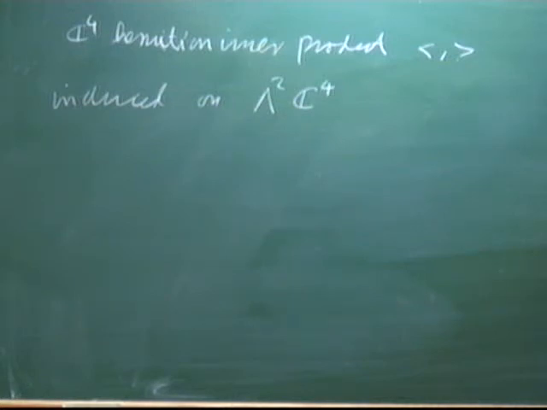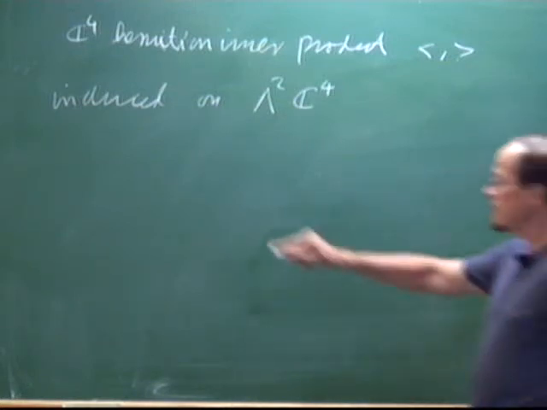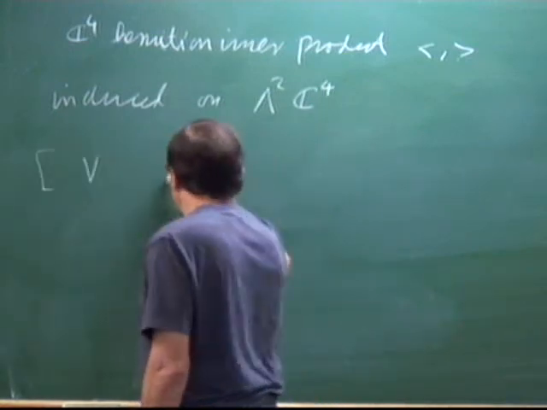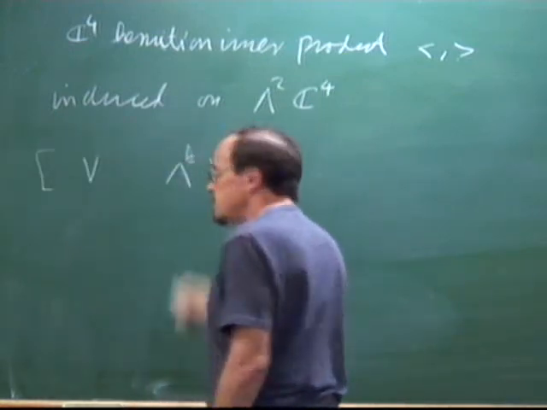And how does one do that? Let's take a vector space V. I want to take lambda k of V and define the inner product on that.